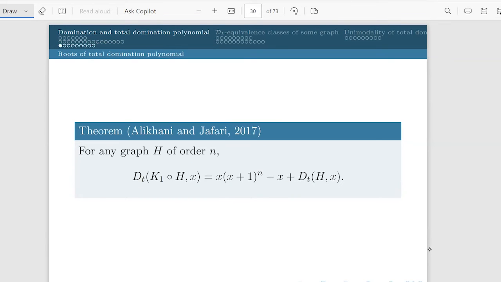Again, we considered another product and obtained this formula for the total domination polynomial of K1 and H. Here we have just K1 and a graph H, and I connect this K1 to every vertex of H, and we have this formula.